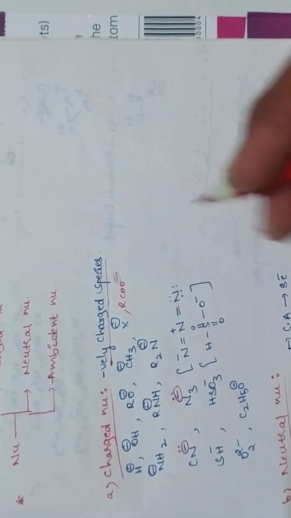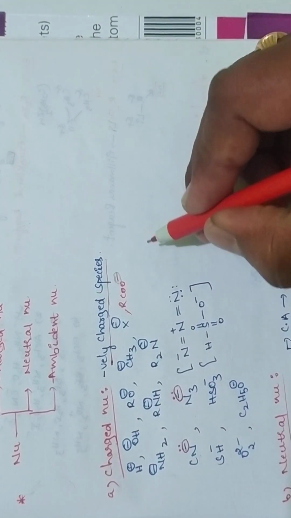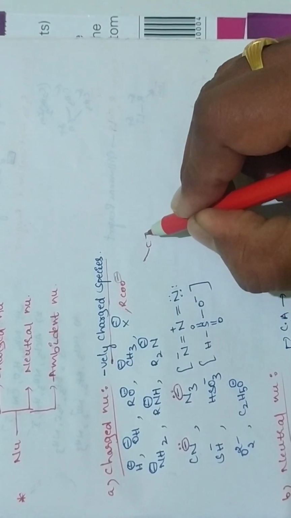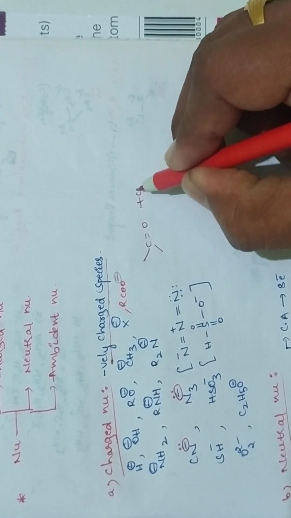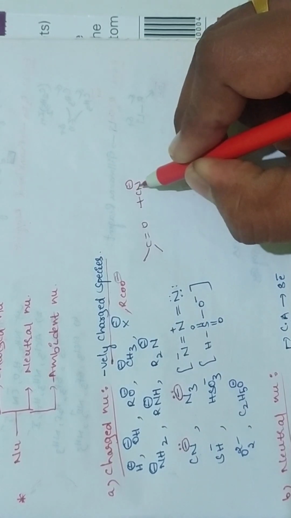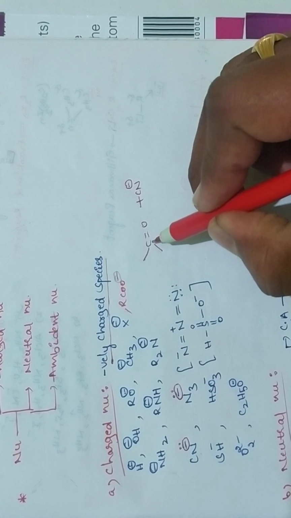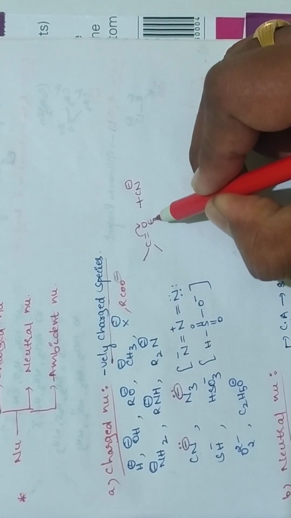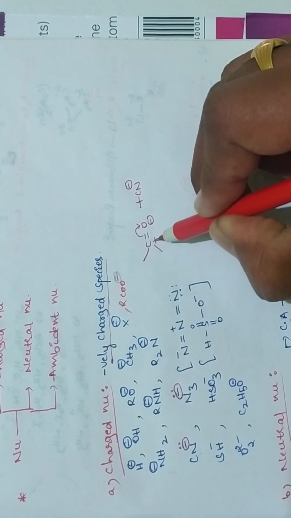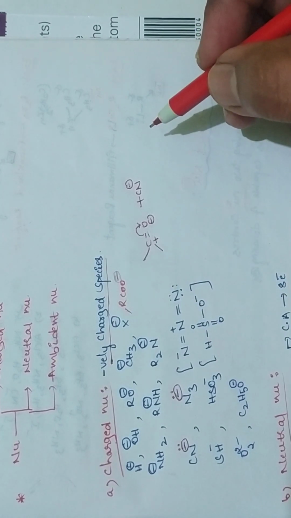Okay, now suppose we are taking this cyanide. Now this is a C double bond O group. This is a nucleophile. All negatively charged species are nucleophiles. Carbon and oxygen, which is more electronegative? Oxygen is the more electronegative, so carbon will get the positive charge.